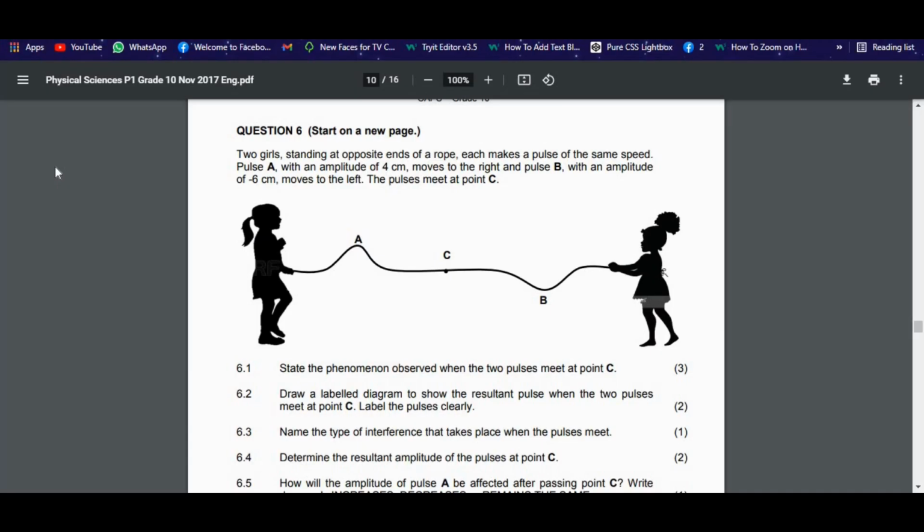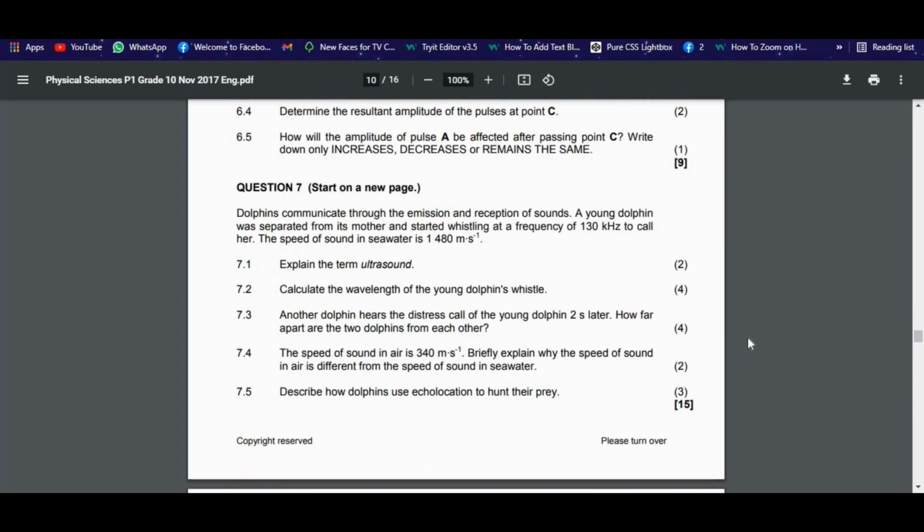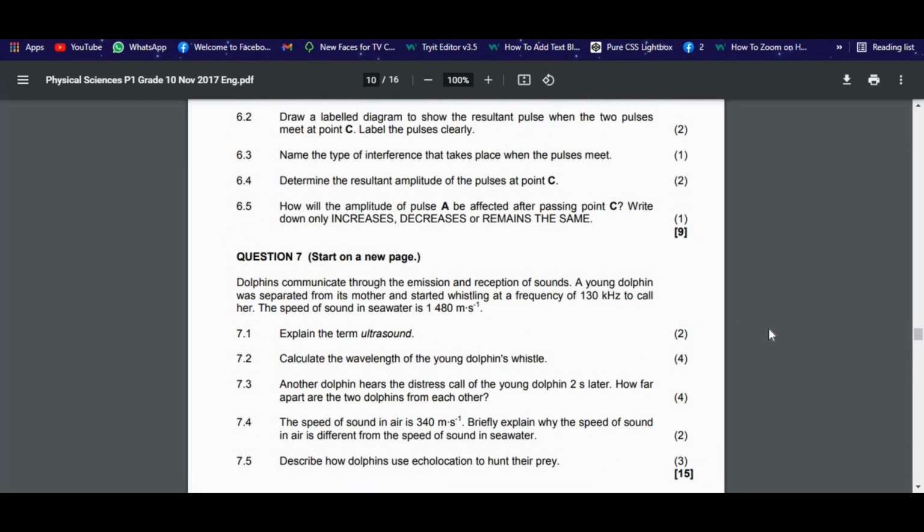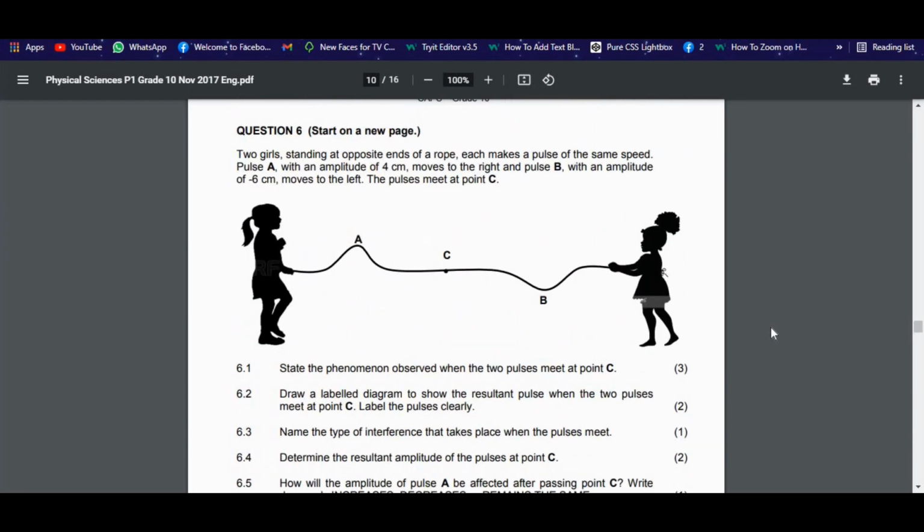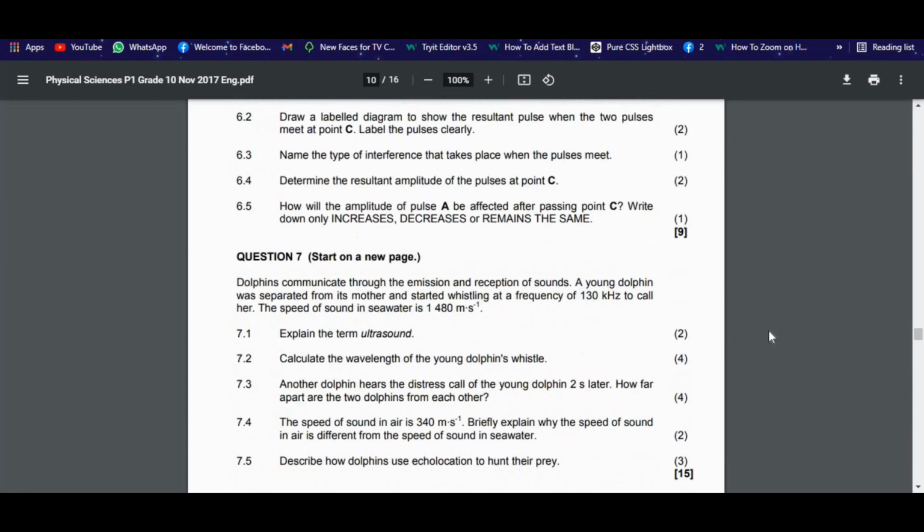Okay, what you want to do is go through the section of wave, sound, and light, and have a look at it from an exam perspective. We'll go through this one. This question has some ultrasound, and some wave phenomena in here as well.